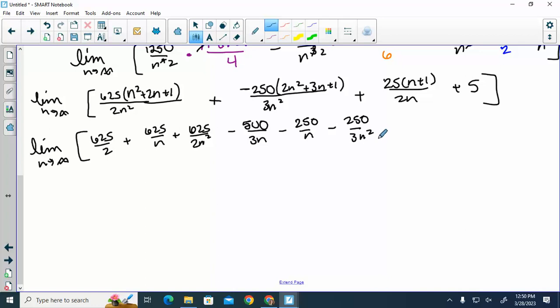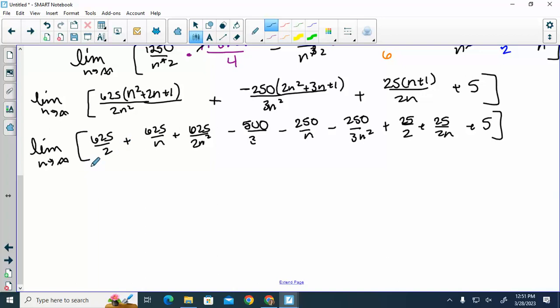Is it not just 500 over 3? Yes, it would be, sorry. This one we get 25n over 2n, so 25 over 2. 25 over 2n. That's the same. Okay, now we do our limit.